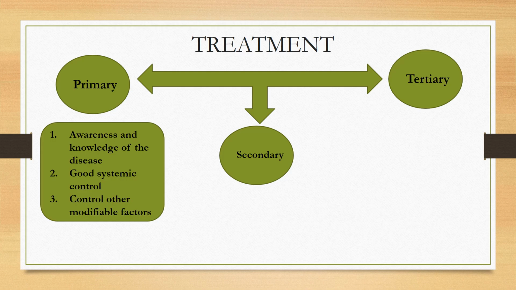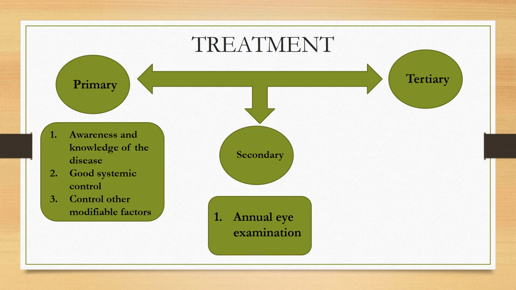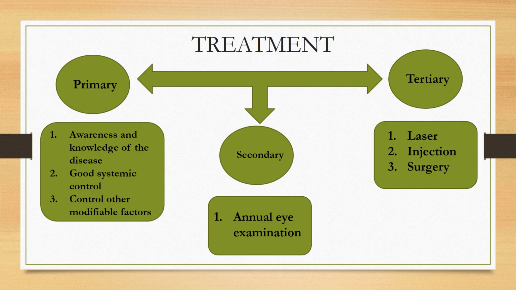Then the secondary is where you need regular eye examination, which goes from moderate to severe non-proliferative diabetic retinopathy. These are the secondary interventions, whereas tertiary is where you do an urgent referral.